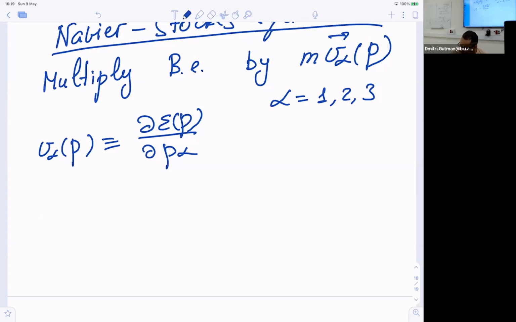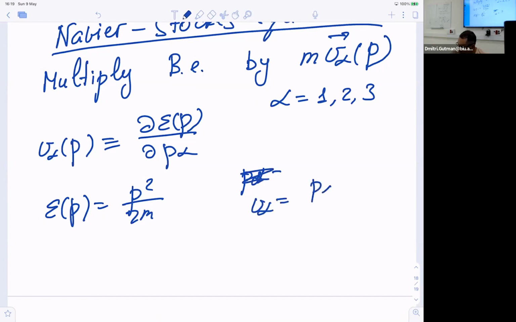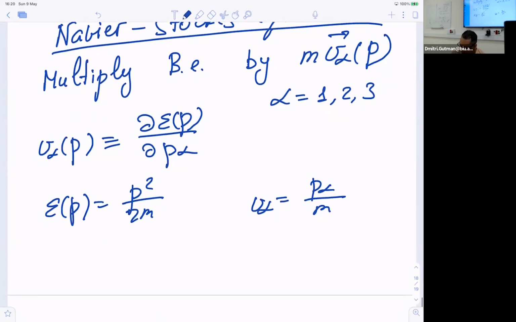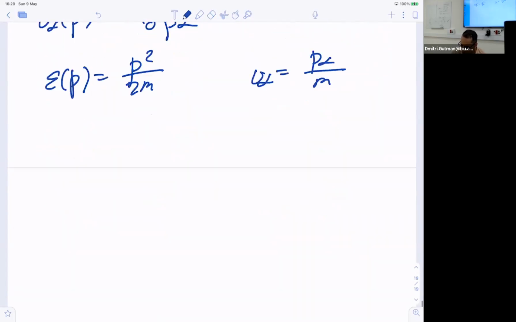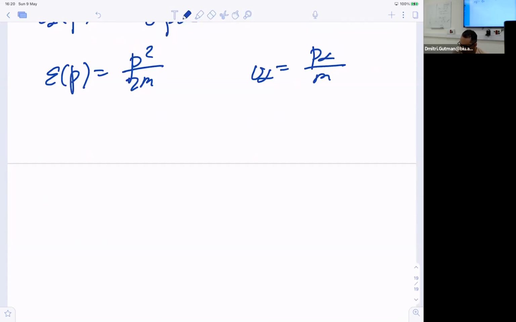So for a parabolic spectrum, for epsilon p equal to p squared over 2m, v alpha will be just p alpha over m. Okay, then what happens with the Boltzmann equation? Let's look at this schematically. Let's stay with this spectrum to make things easier.